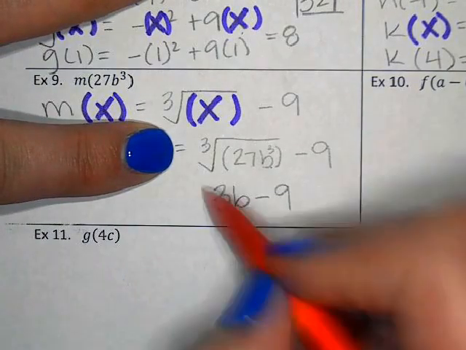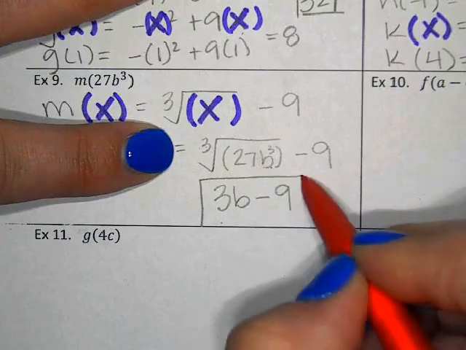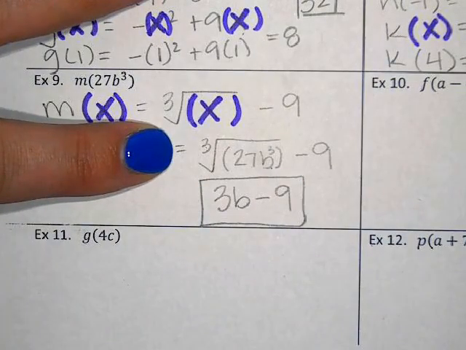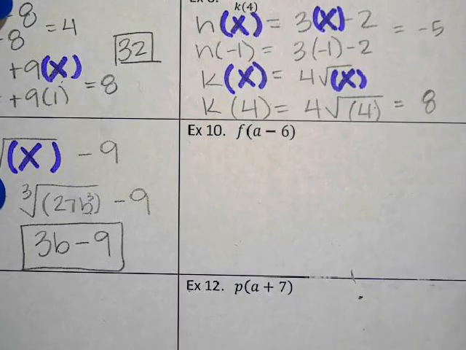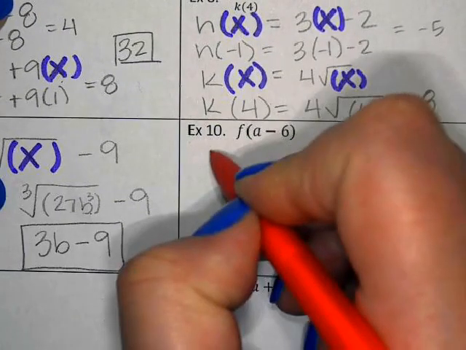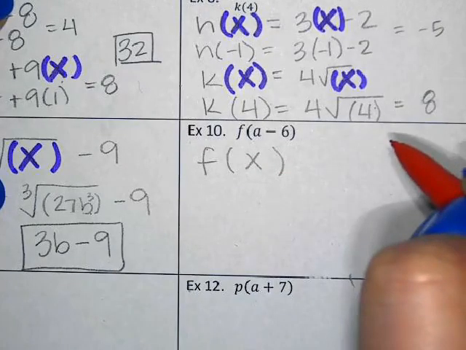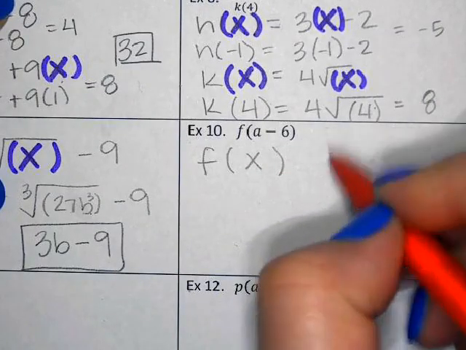Okay, let's try the next one. It says f of a minus 6. So I'm going to write f of x down. When I look at the top of the page, f of x is 3x minus 8. Okay. Going to look at what I'm plugging in for x.